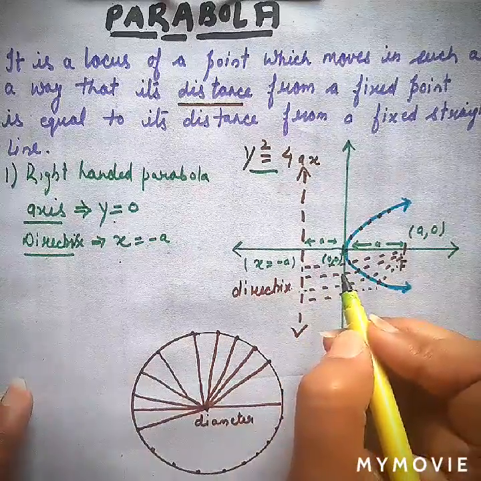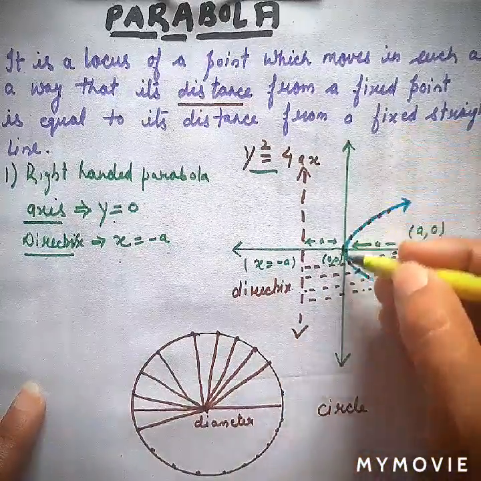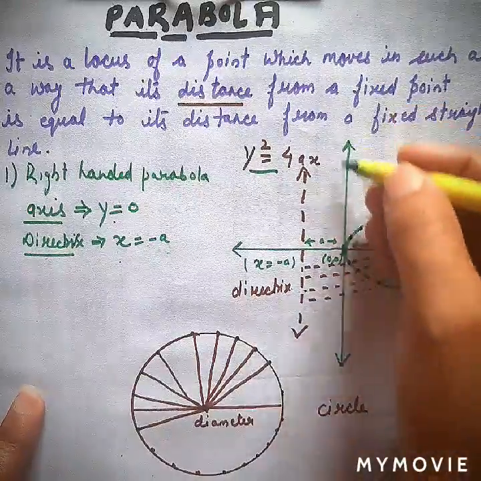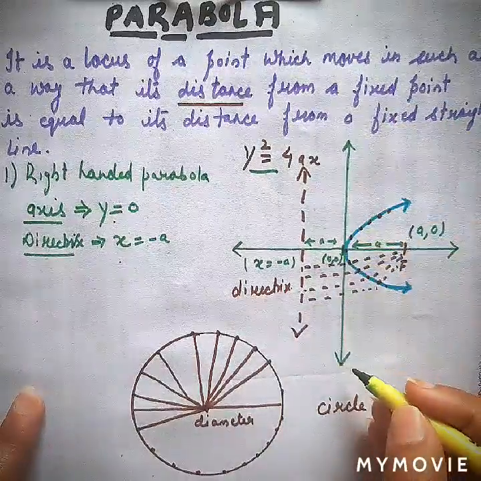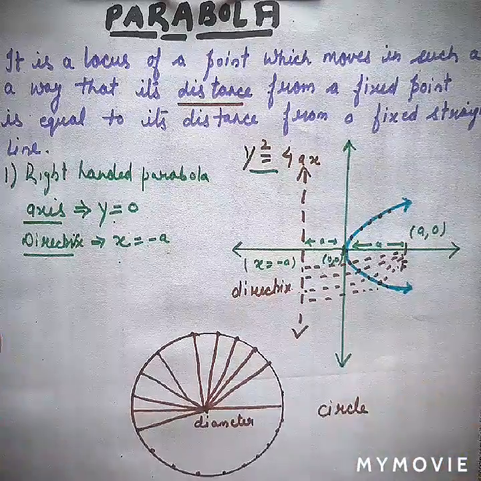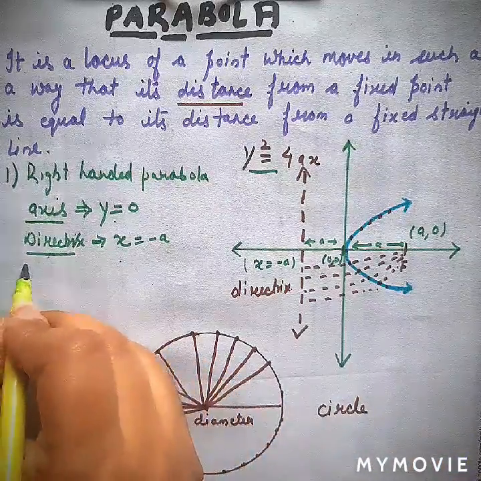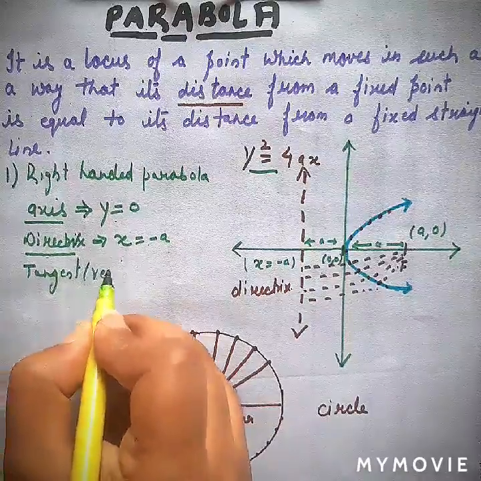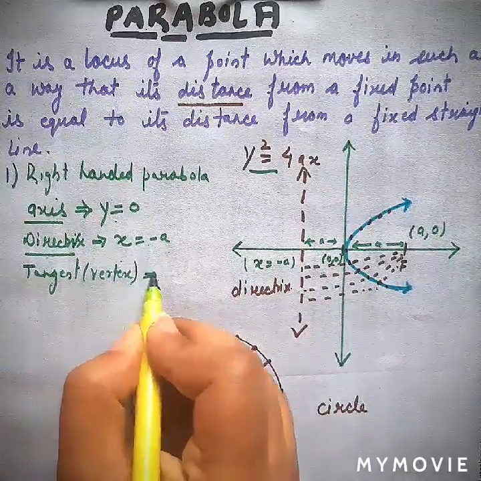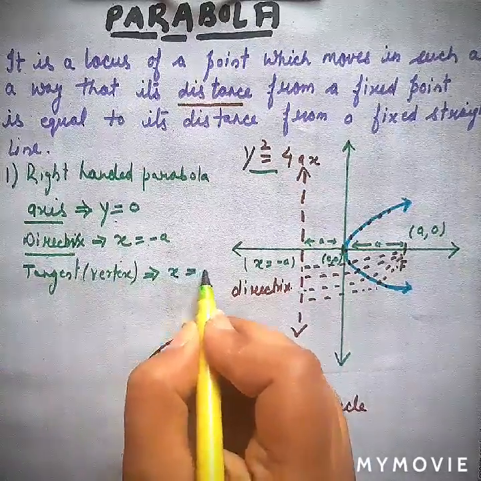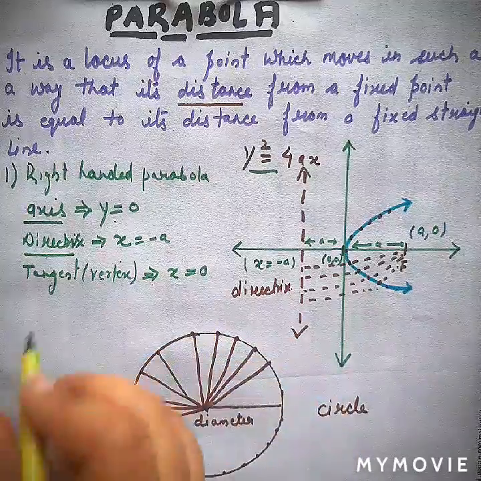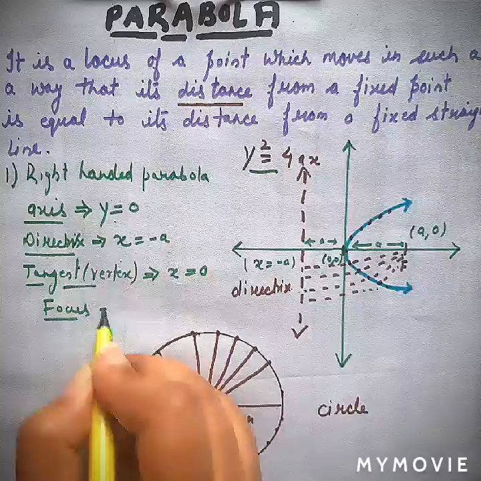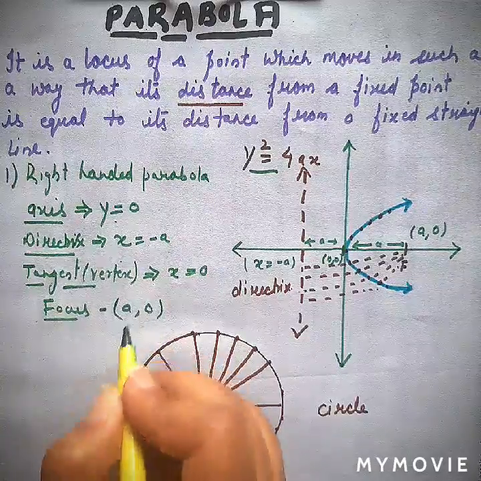This is the tangent at the vertex. The tangent at the vertex means all the values of y, and at this point x will be equal to 0. So the tangent at the vertex will be x is equal to 0. And as I've already told you, the focus will be the point (a, 0).